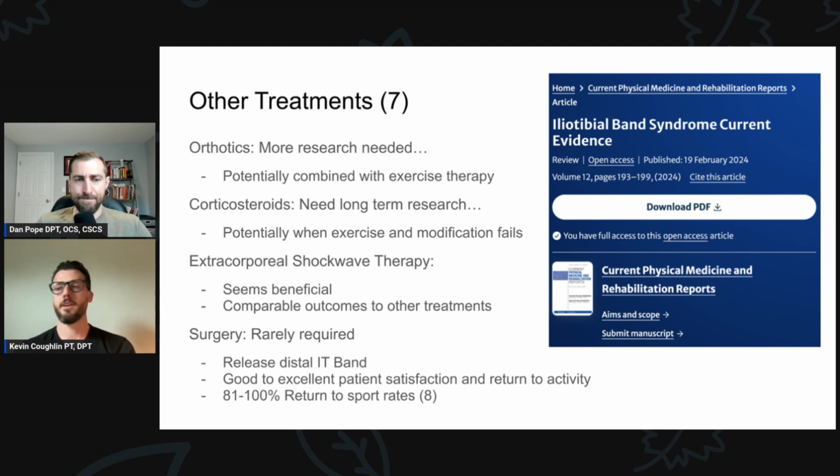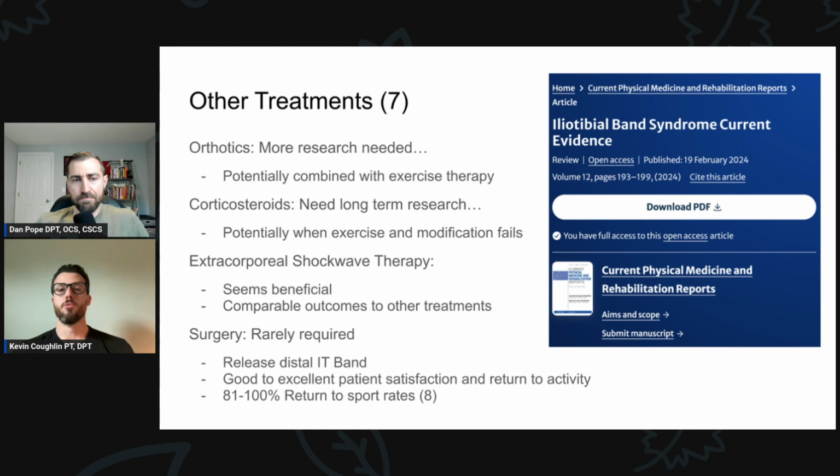Usually, if you're thinking orthotics might be helpful, sometimes what I'll do is tape someone's foot in the clinic and see if they have any type of positive response. If the taping I did was to lift up their arch or something like that, and they say, hey, that made my IT band feel a lot better, then I say, all right, go get an over the counter arch support. Maybe that could be helpful for you.